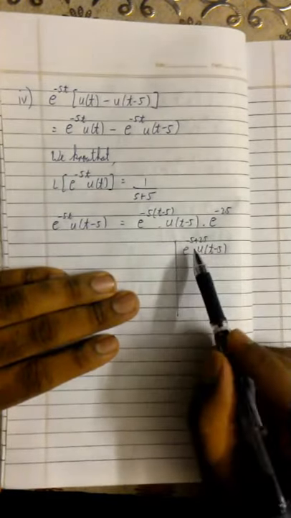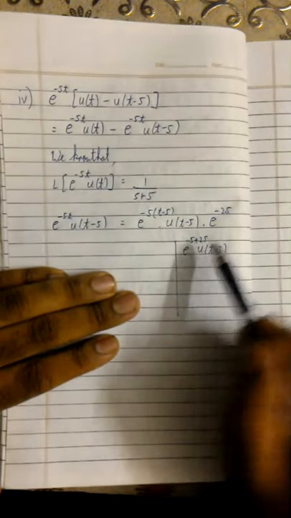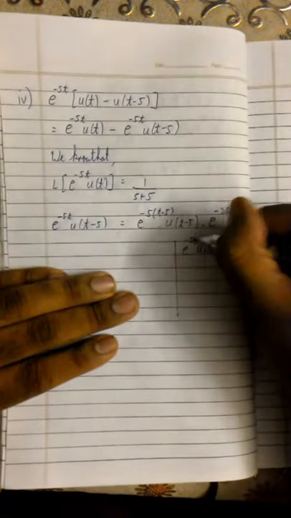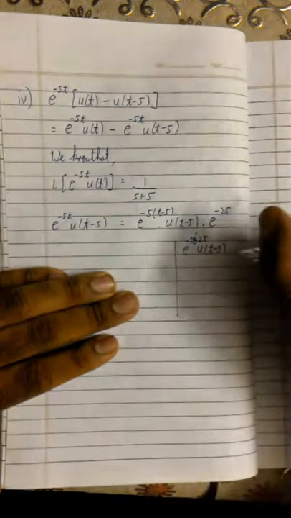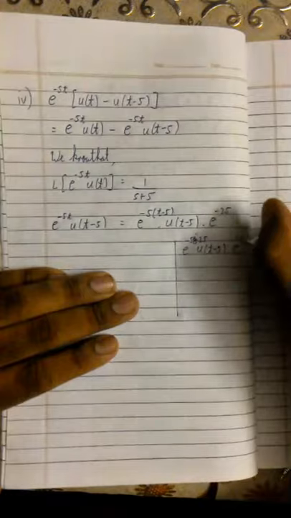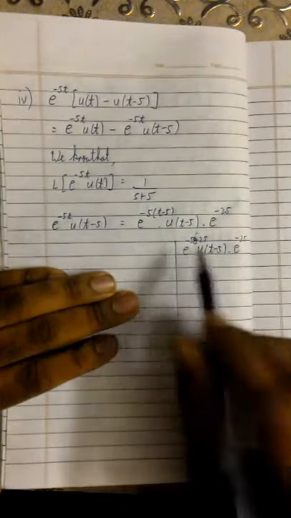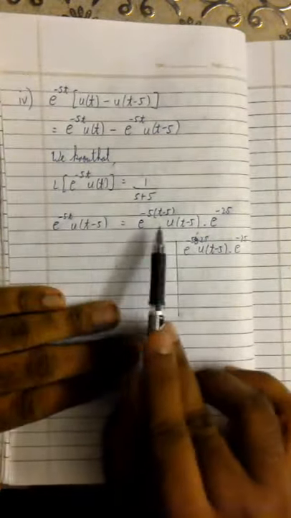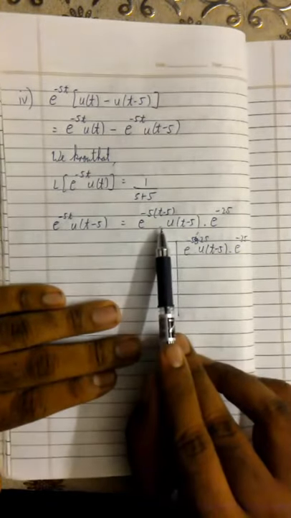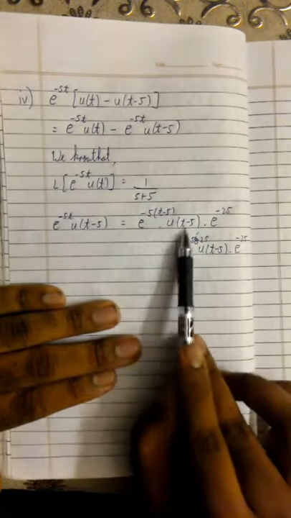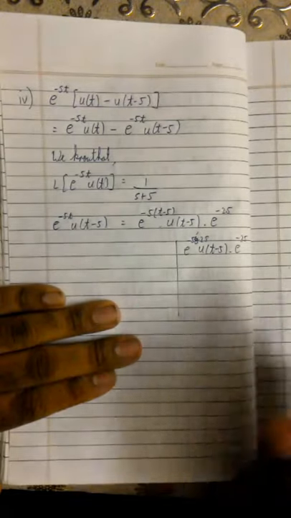Since there is an extra e raised to plus 25 over here, in order to compensate that, I need to add e raised to minus 25. So now these two expressions are correct, and the advantage of this expression is that both the t is replaced with t minus 5. Now I can apply my time shifting theorem to this expression.